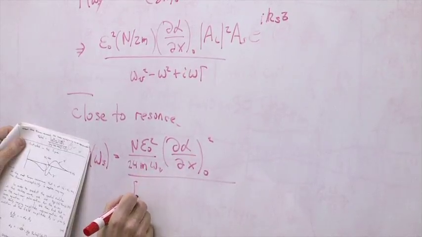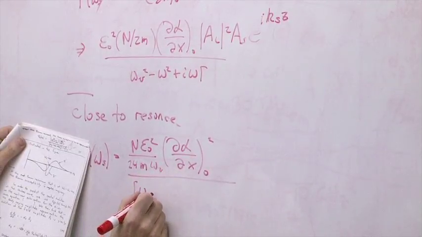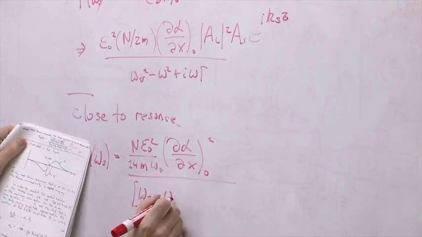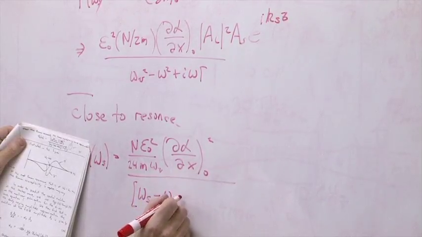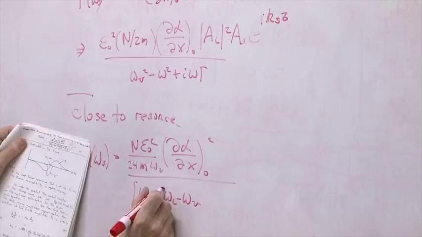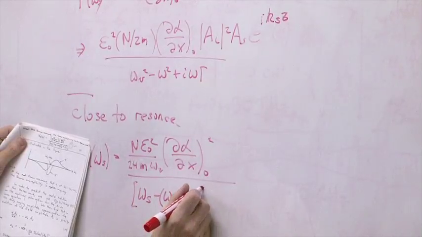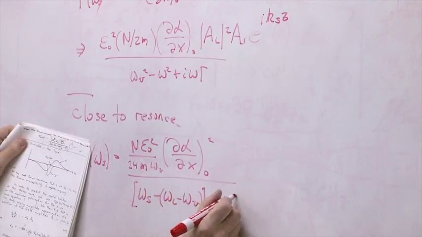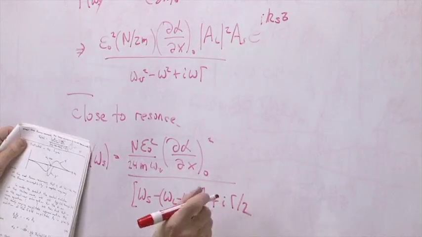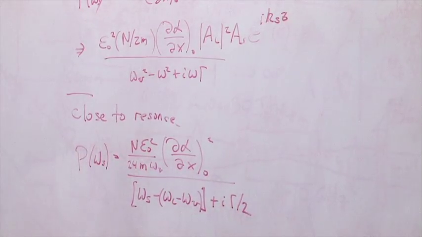omega v, omega Stokes minus omega laser minus omega v plus i gamma over 2.